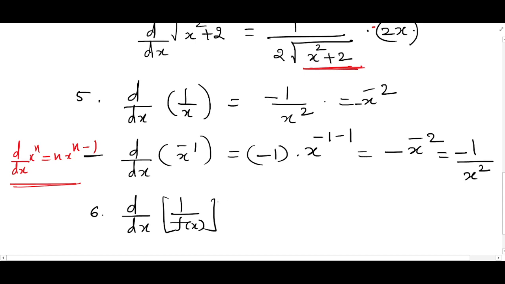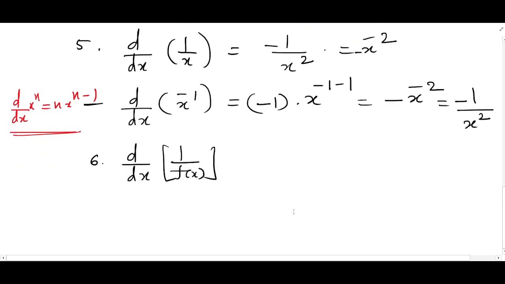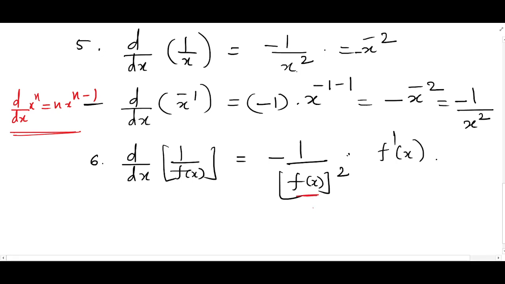Most of the time we are supposed to find the derivative of a function of x, which we denote as f of x. So we have to use the formula in this way: minus 1 upon f of x square into f dash of x. So the formula is the same, but instead of minus 1 upon x square, we have minus 1 upon f of x square, and again we need to take the derivative of this function as f dash of x.